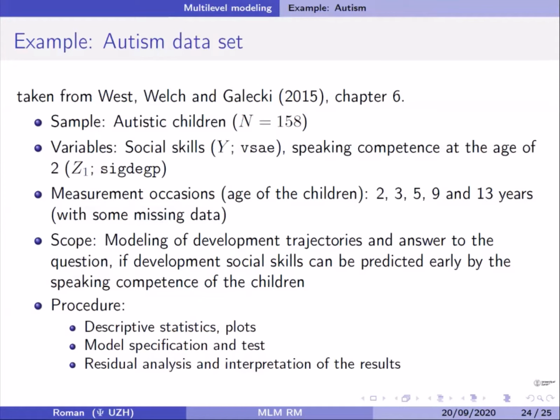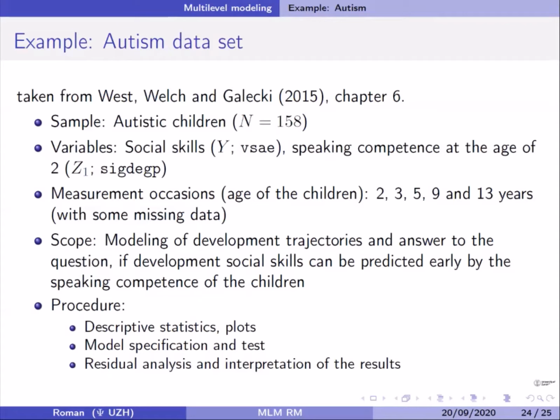We have measurement of their social skills and then their speaking competence at the age of 2, SICDEGP. This is a level 2 variable. And then for the measurement occasions, we have different years they were measured. So they're measured at 2, 3, 5, 9, and 13.